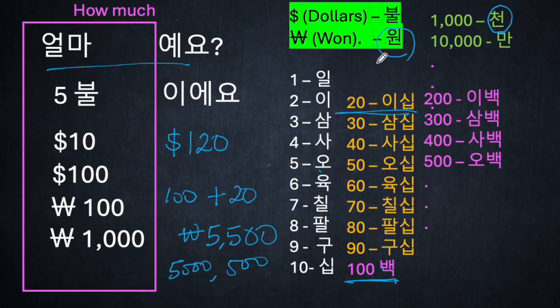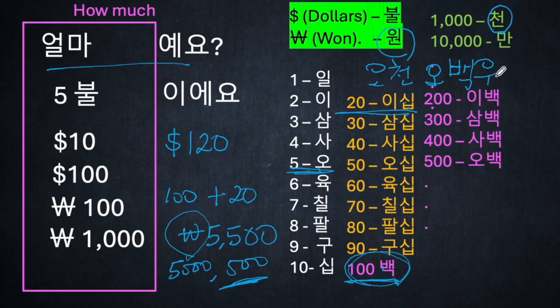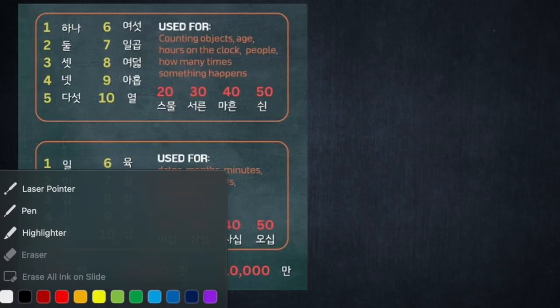Then 500. 100 is here, 500, but 5 of them. 5,500원이에요. Okay? Very good.